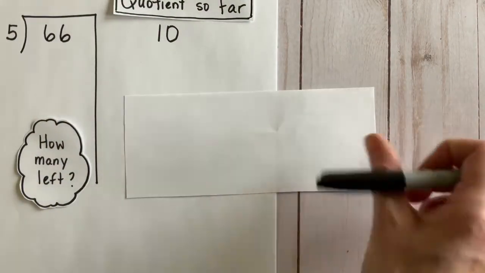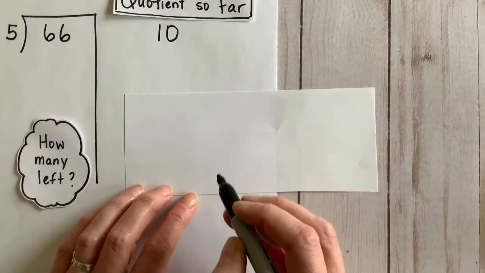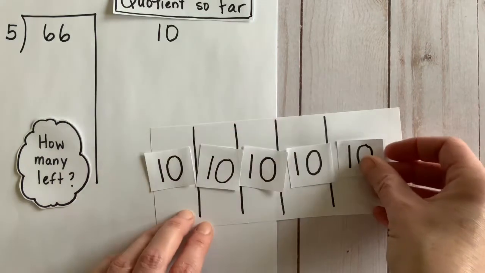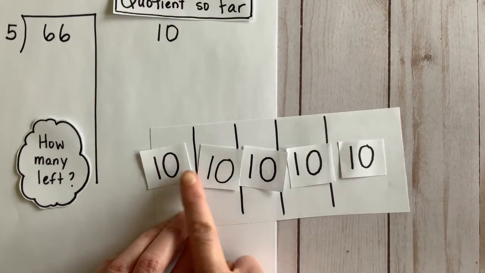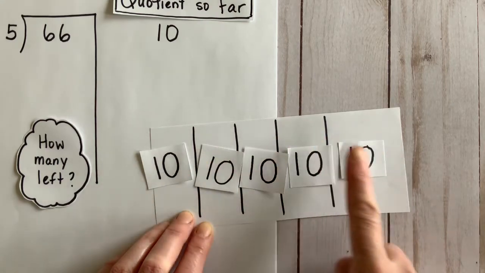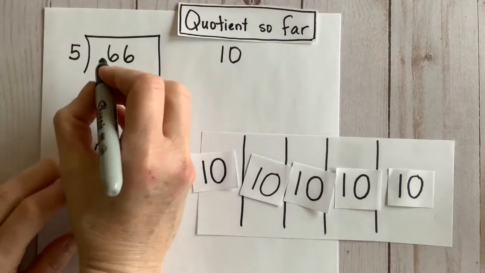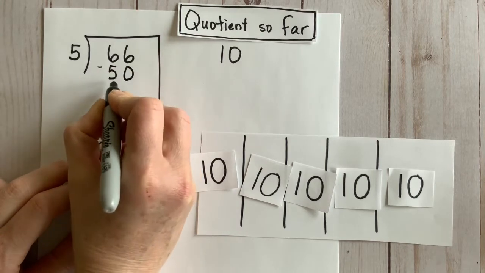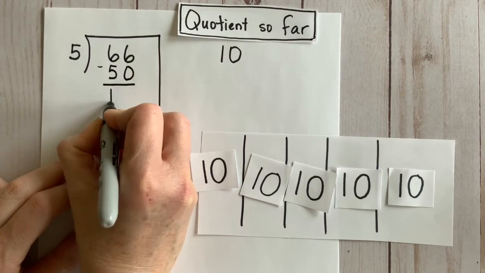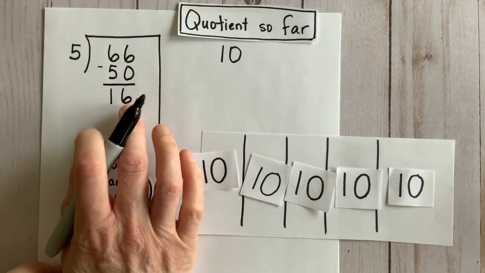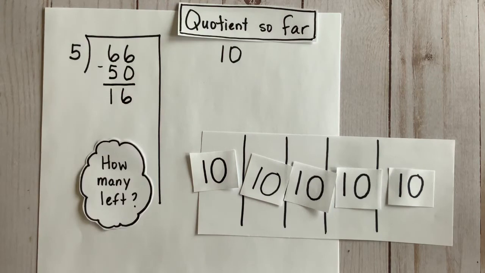Again, a quick reminder. When we picked 10 as our quotient so far, that's really not just plain old 10. That's 5 groups of 10, or 5 times 10 equals 50. So, how many are left? Subtract and find out. Right, 16 left. We can easily keep dividing.